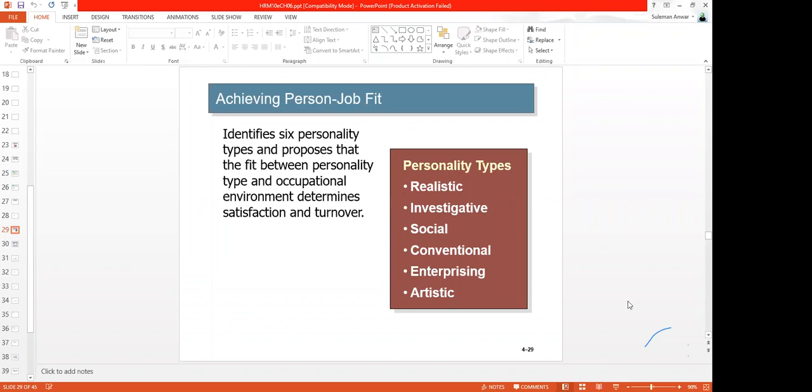In the personality type section, we have 6 types. People can be realistic, investigative, social, conventional, enterprising, and there is also a personality type category known as artistic.